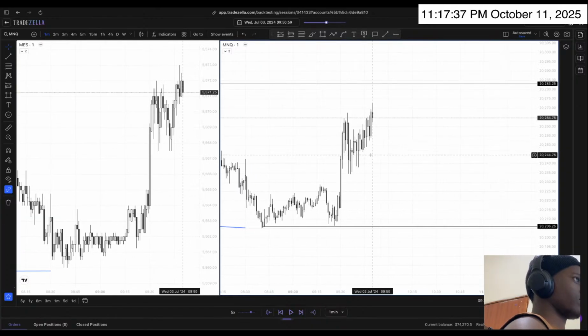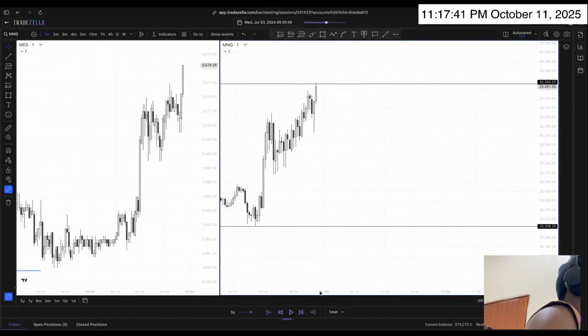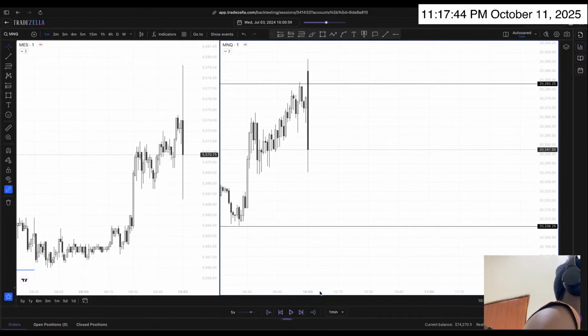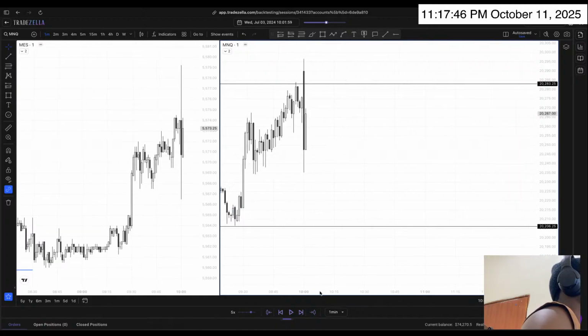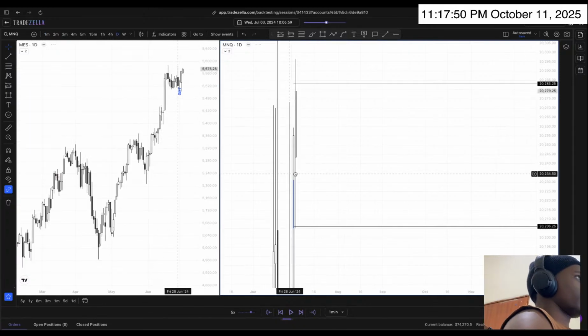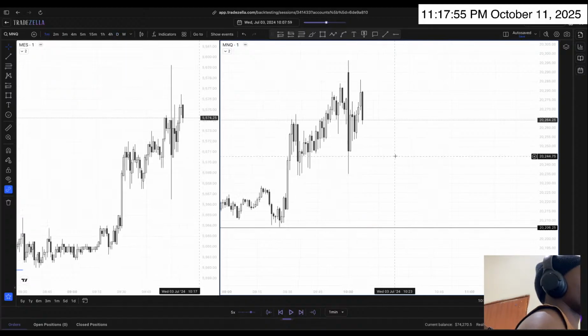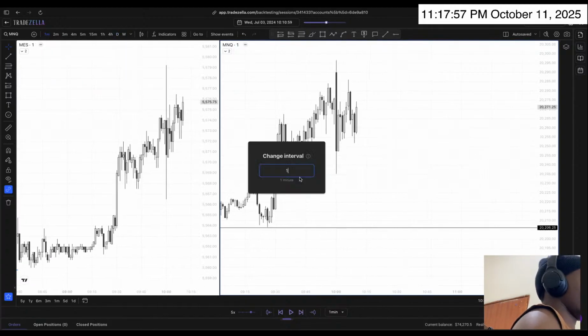Okay, it's slow behind this, that's why I'm not just going for it. Is this the all-time high? Not the all-time high. Relatively close.